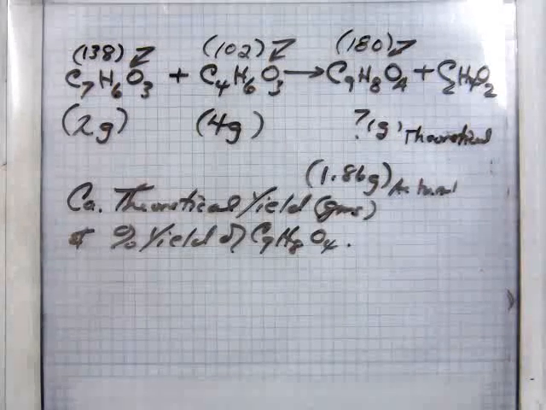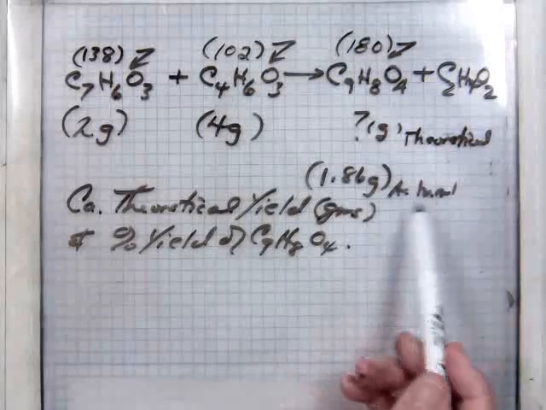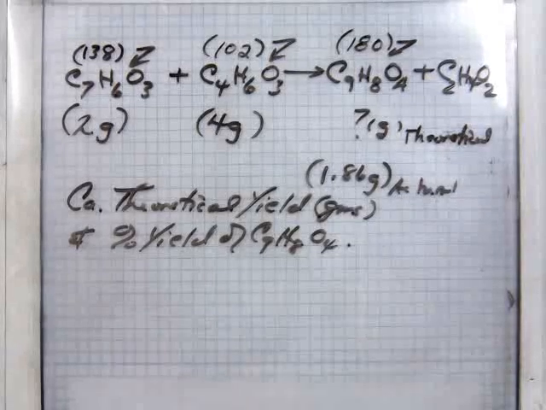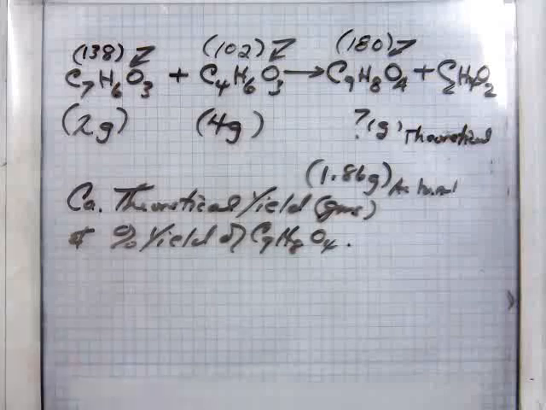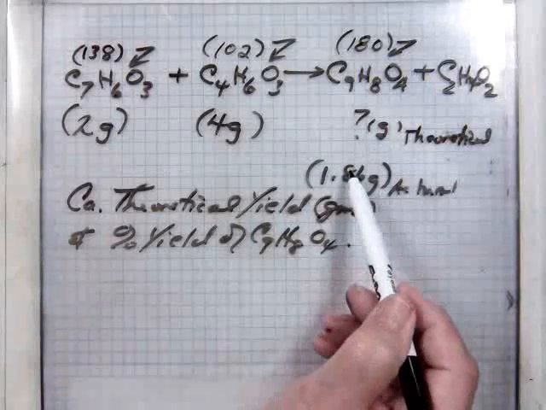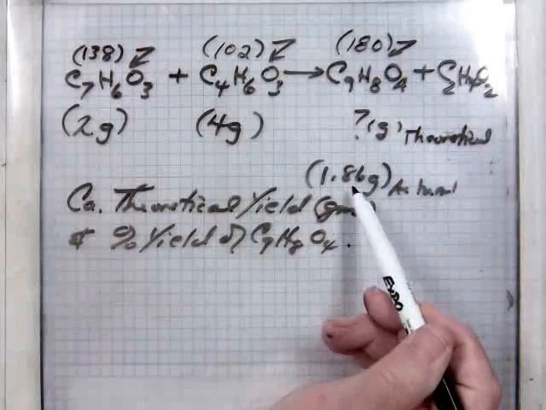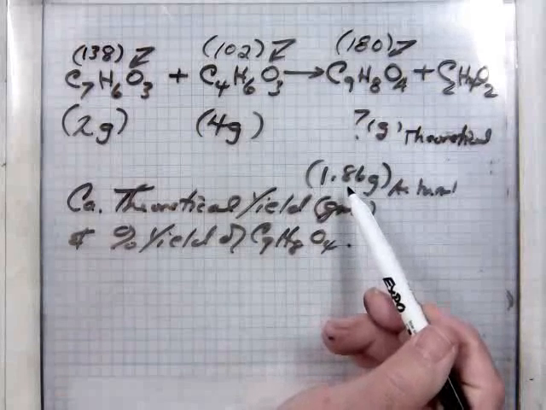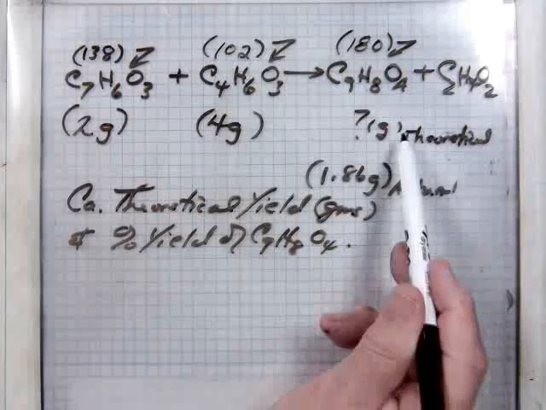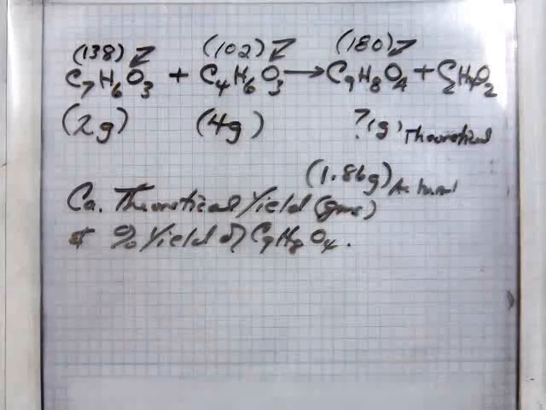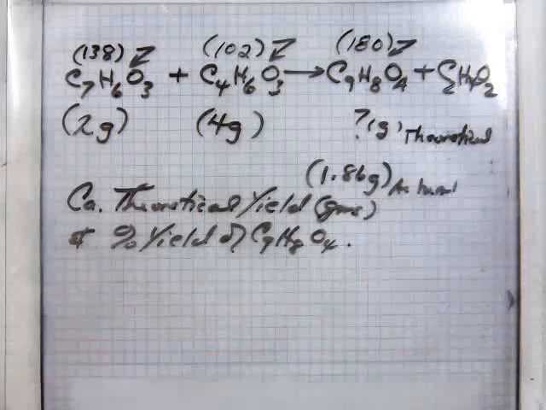Let's calculate the theoretical yield and percent yield, where the actual yield is 1.86 grams. So one notation is the theoretical yield is always greater than the actual yield, and then we're looking to do the percent, which is the actual over theoretical times 100. So that's the objective here.